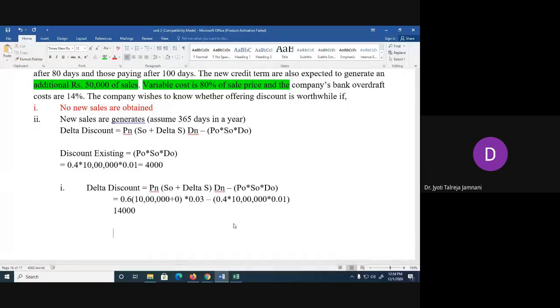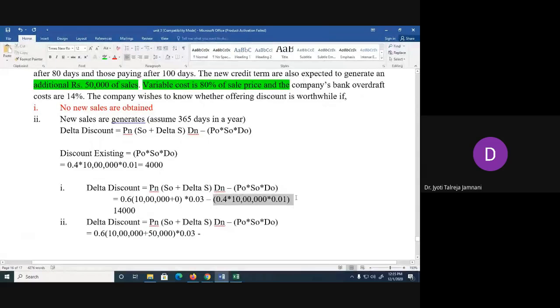Let's do it for the second plan now. Then you have new sales. Delta discount is equal to proportion of new customers, that is 0.6, into 10 lakh existing sales plus the new sales that they have told, which is 50,000, into 0.03, the new discount, minus the same P0, S0 and D0.